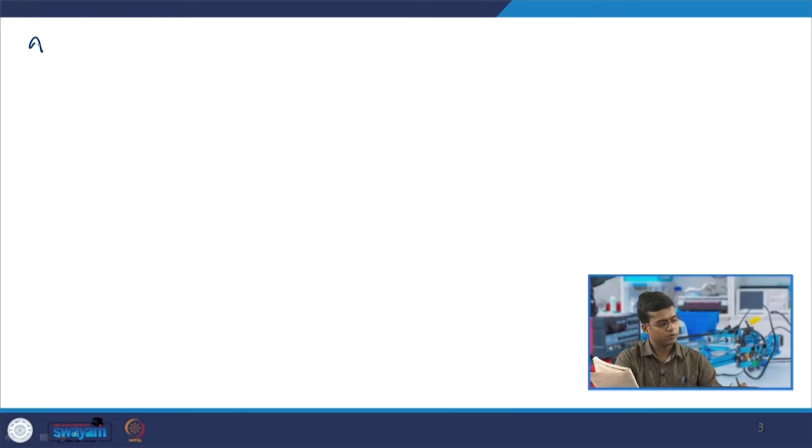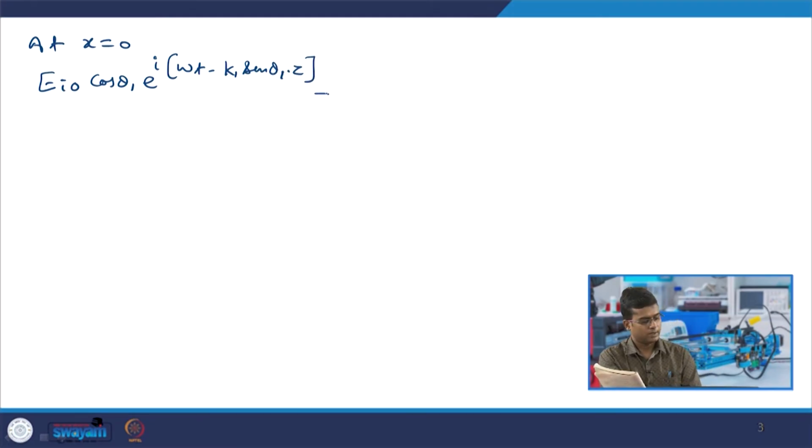So, at x equal to 0, E_I0 cosθ1, that is the tangential component, into e^(i(ωt − k1 sinθ1 z)) plus E_r0 cosθ3 e^(i(ω't − k1 sinθ3 z)) is equal to E_t0 cosθ2 e^(i(ω2 t − k2 sinθ2 z)). I am removing the vector sign because you can put it always.